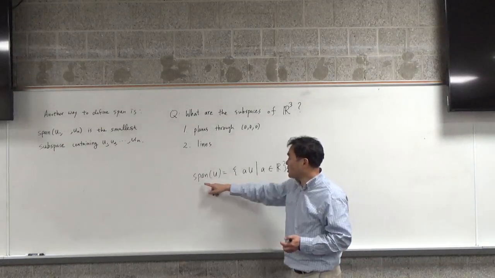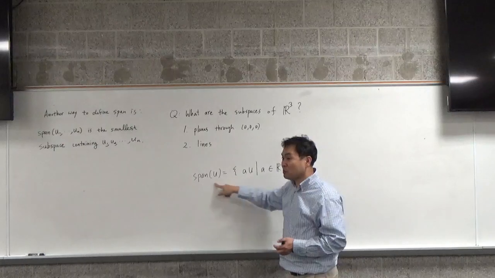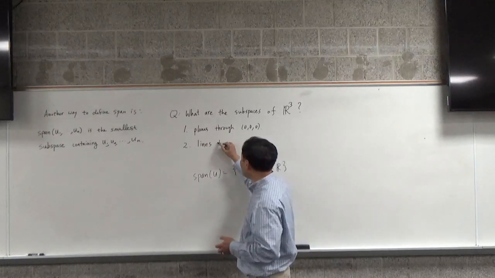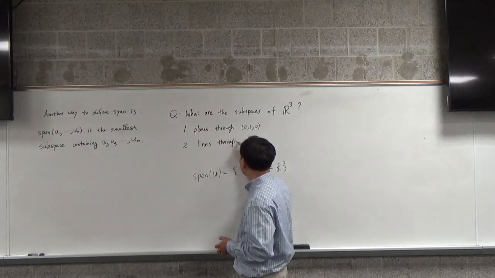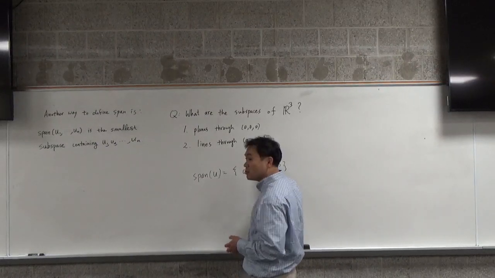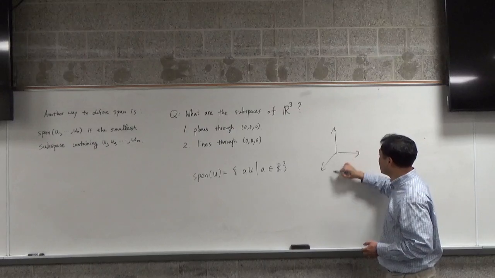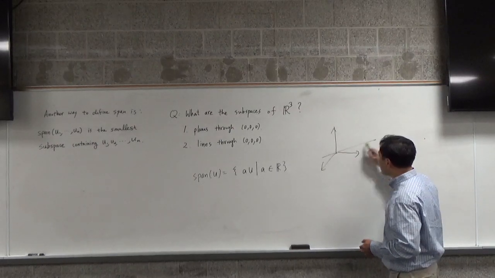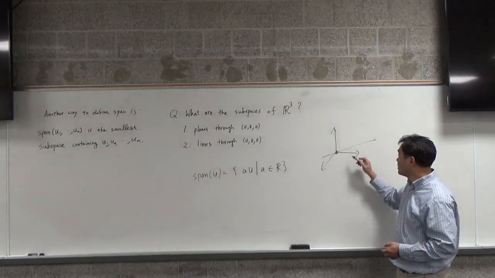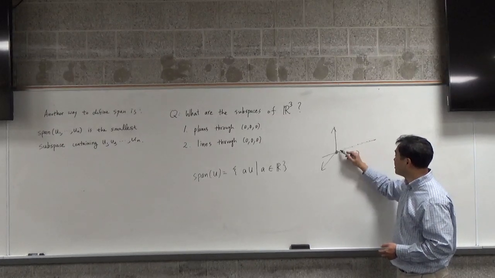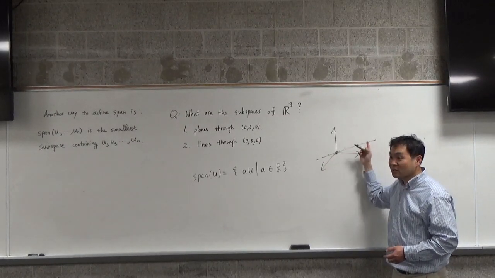All right, so if you have something like span of U, that's like lines through 0, 0, 0. So you have this 3-dimensional space, and you have any kind of line going through the origin, right? And all the points in here are vectors, right?